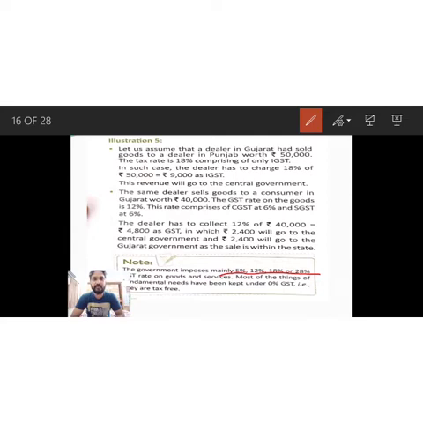Now, the fundamental things that need to be kept under 0% GST are tax free, like vegetables, milk, salt. These are the basic needs of consumers, and all these products are under 0% GST, which means there is no tax on them. Okay, this is the fundamental thing.